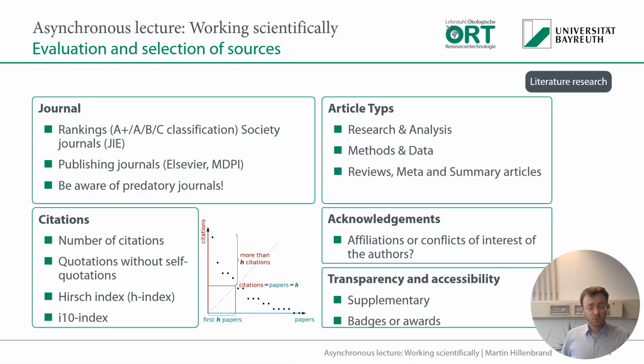So one point you should look for is in what journal they published. There is also a ranking system of journals. The ranking means, more or less, the quality of the journal.